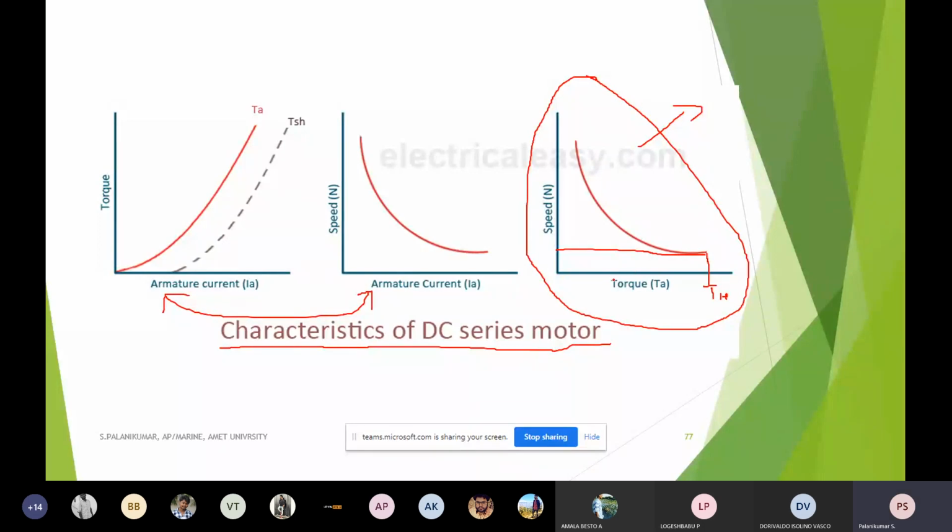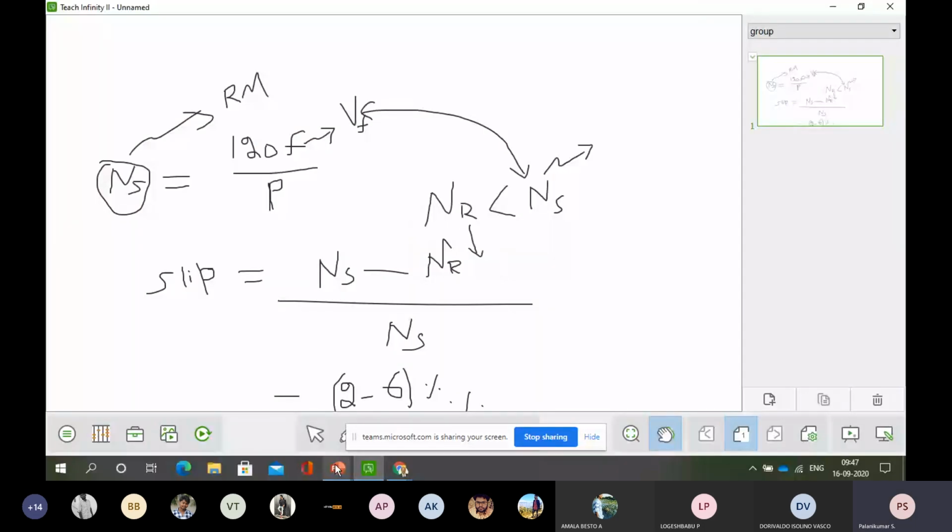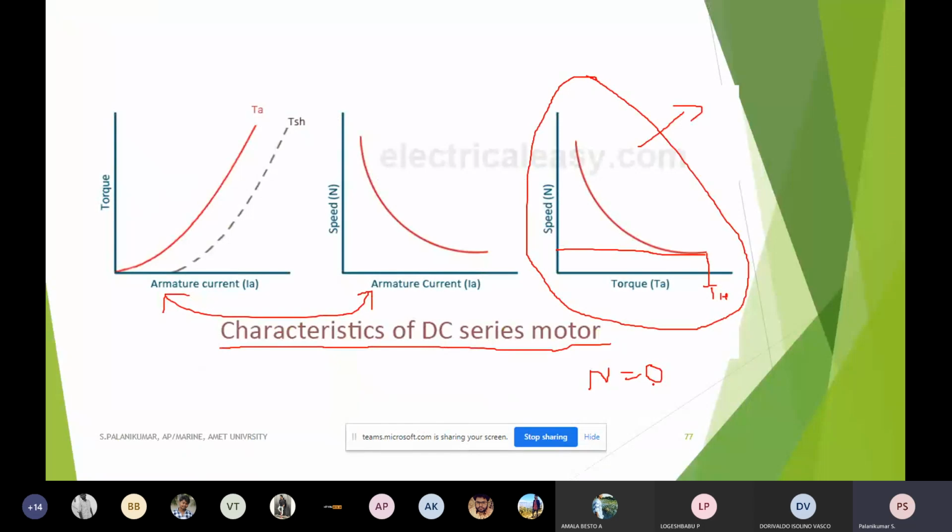Very importantly, the series motor is not capable of producing very high torque at zero speed, so the motor should always be started with the load. We have to start the motor with the load only. As the speed increases, the graph goes in this direction.